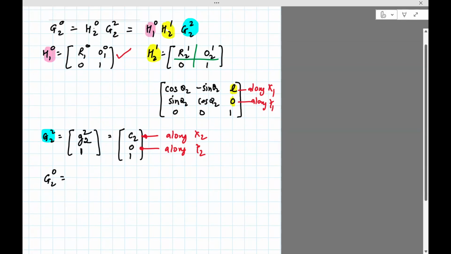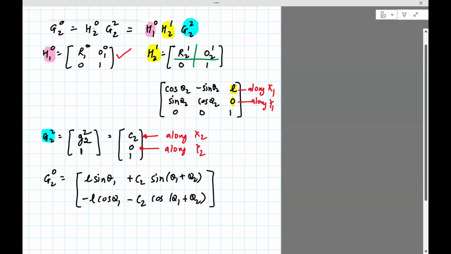After doing all the math, it comes out to be L sine θ1 plus C2 sine θ1 plus θ2, minus L cosine θ1 minus C2 cosine θ1 plus θ2, and then this 1.